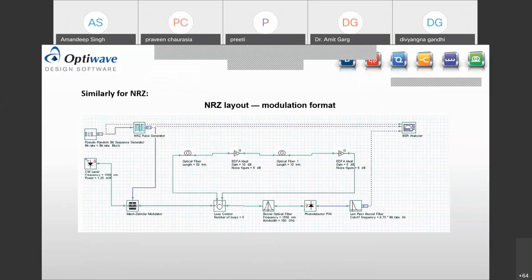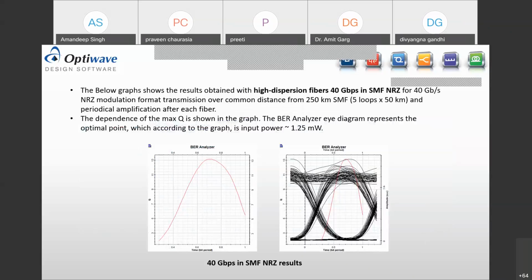So it will not go beyond 250 kilometers. In that case, if we simulate this, this will be simulated with the power of 1.25 milliwatt, whereas in the earlier one we are using the power 4 milliwatt. That is approximate value.